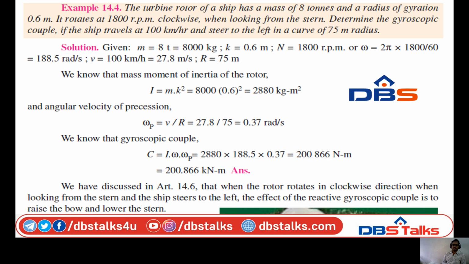Meters per second, that is 100 into 1000 by 3600, since 1 hour is equal to 3600 seconds, which is 27.8. And what is the last one? Steer to the left in a curve, that is the radius of curvature, the r value, that is 75 meters.